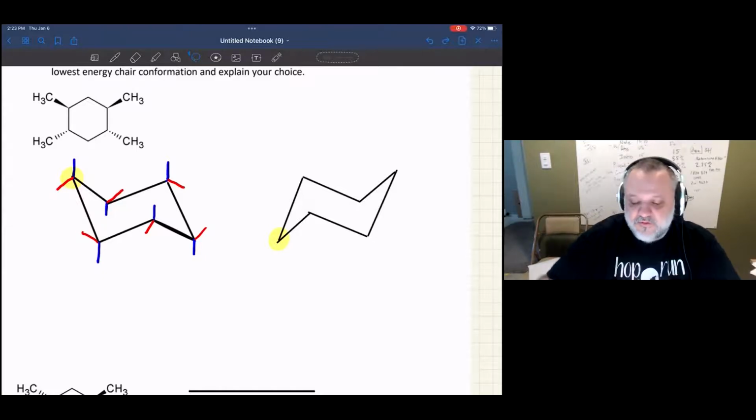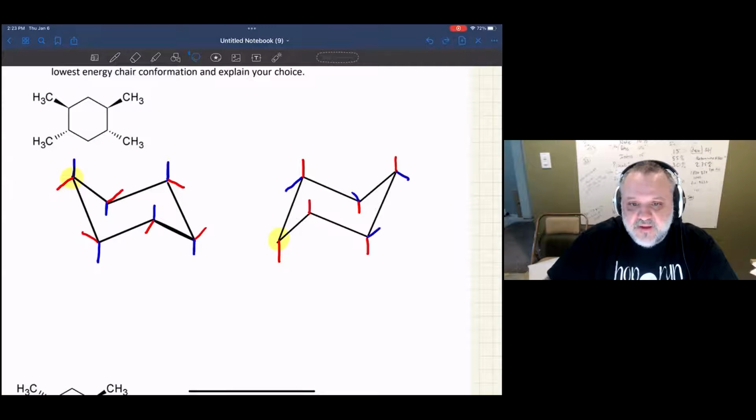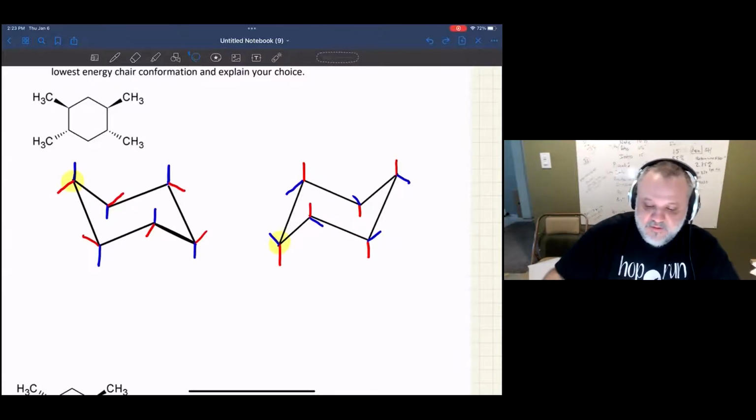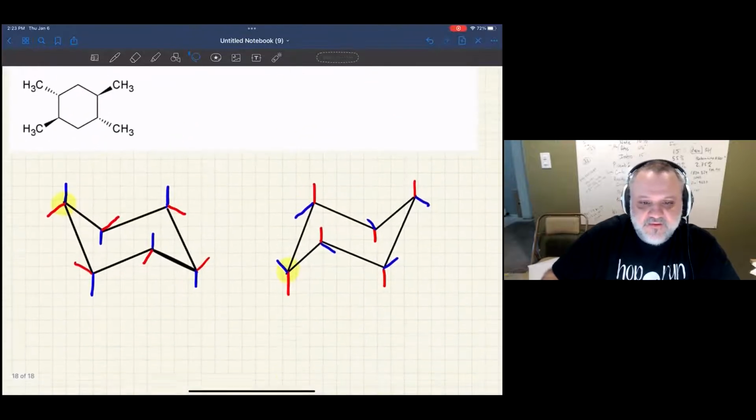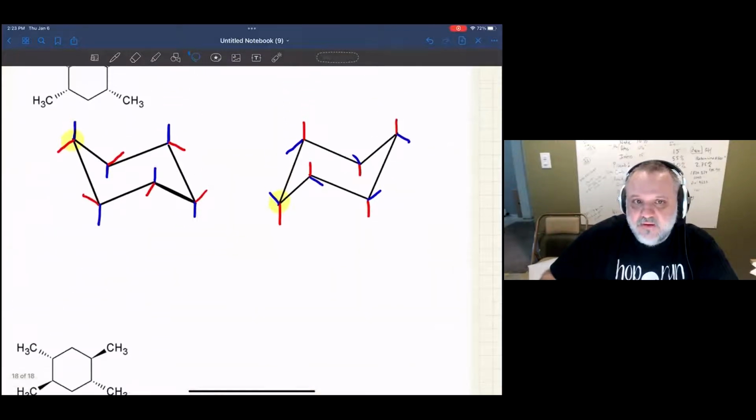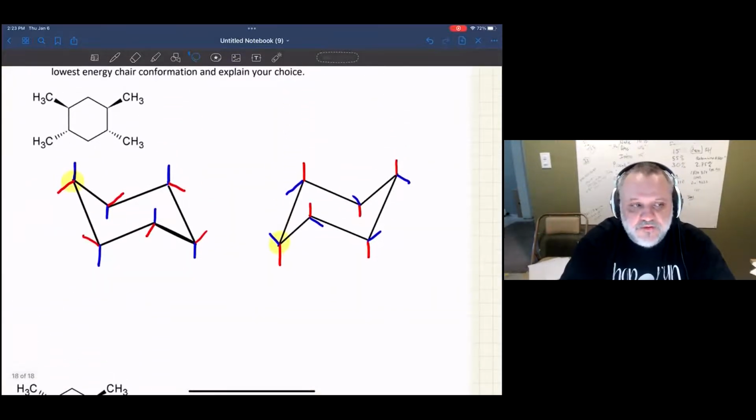So I'm going to switch colors, but I'm still going to start at the top left, and go up, down, up, down, up, down. Now I'm going to go equatorial: down, up, down, up, down, up. And of course, because I'm on an iPad, I can just copy and paste it down there. And so now I've got my four frameworks worked out.